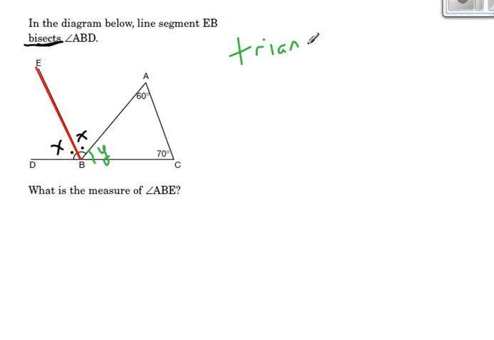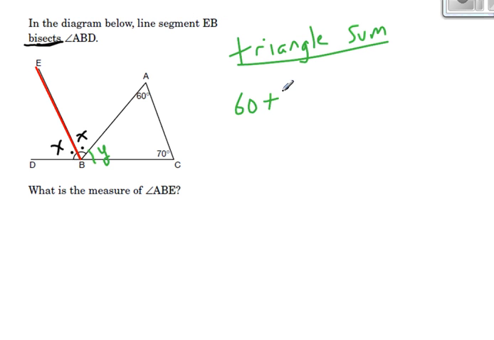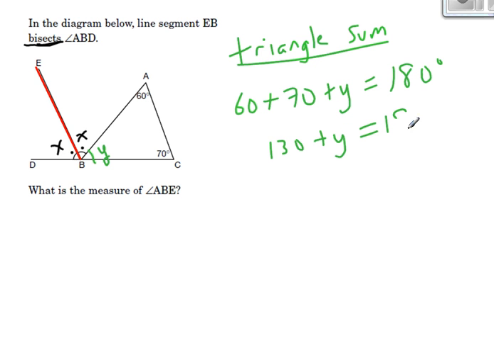The sum of the angles in a triangle is 180 degrees. So 60 plus 70 plus Y must equal 180 degrees. 130 plus Y is 180, so Y is 50 degrees. So I found the measure of this green angle here.